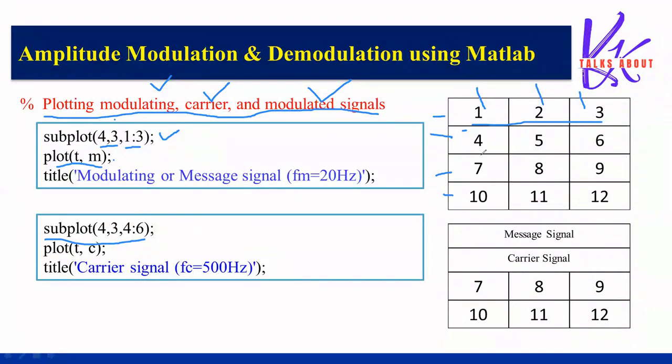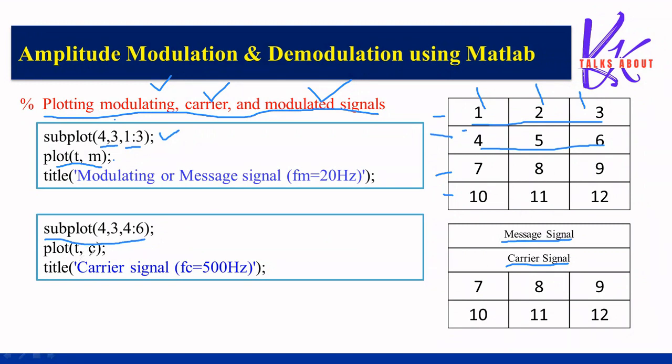So in the first 1, 2, 3 places I have marked the message signal, and in 4, 5, 6 I am plotting the carrier signal.